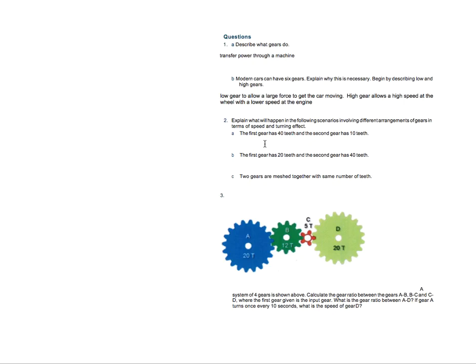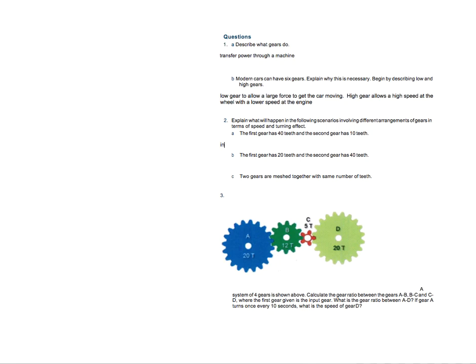Explain what will happen in the following scenarios involving different arrangements of gears in terms of speed and turning effect. The first gear has 40 teeth, the second gear has 10. So hopefully from the work you did on the gears lesson, you'll see the second gear will travel faster, but the force that it will apply will be less.